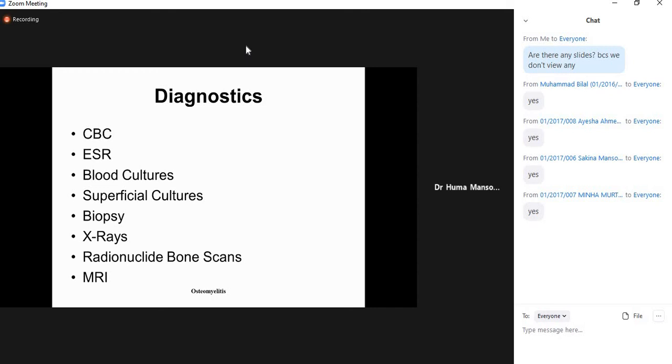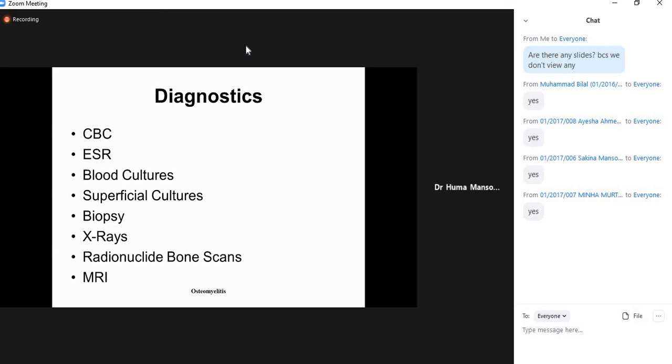Sometimes you can see low counts when there is myelofibrosis, and sometimes you can see increased WBC count and increased platelets when there is no myelofibrosis. When the inflammation is not severe enough for fibrosis to occur, you can see neutrophilia. ESR would be raised, obviously, because of the infection. Blood cultures usually 80 to 90% of the time will yield Staph aureus. Okay, always remember that.